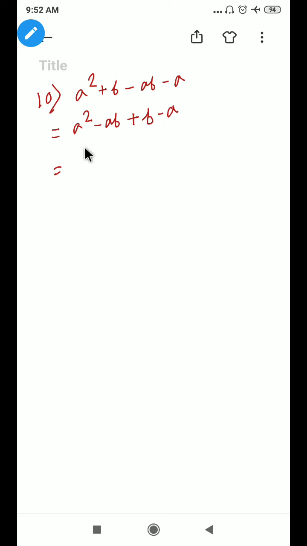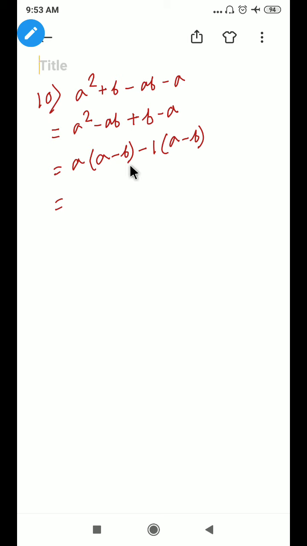From here you can take common a. If you take common a from here, then what we will get? a minus b. If you take common minus 1 from here, then you will get a minus b here also, because you have to make a minus b, since we already have a minus b. That's why I am taking common minus 1. So this b minus a is converted to a minus b.